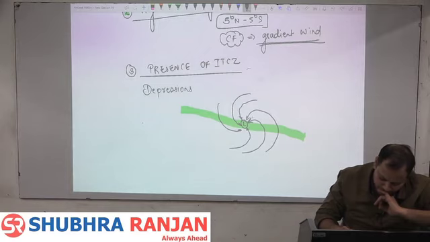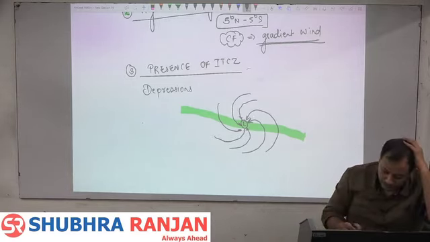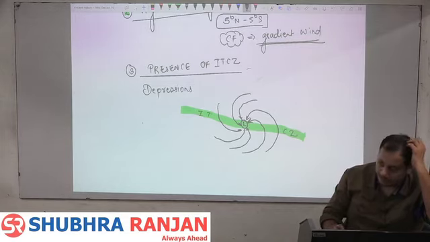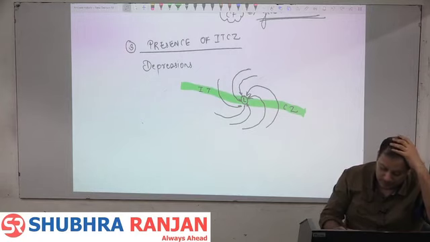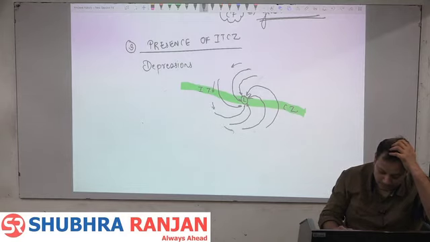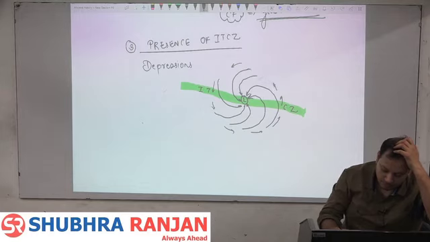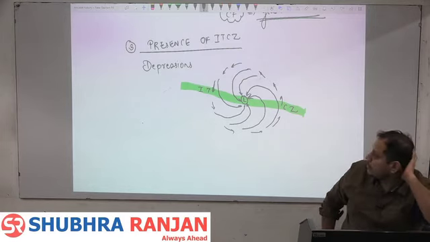Therefore, cyclones are absent. On the western coast of some continents.